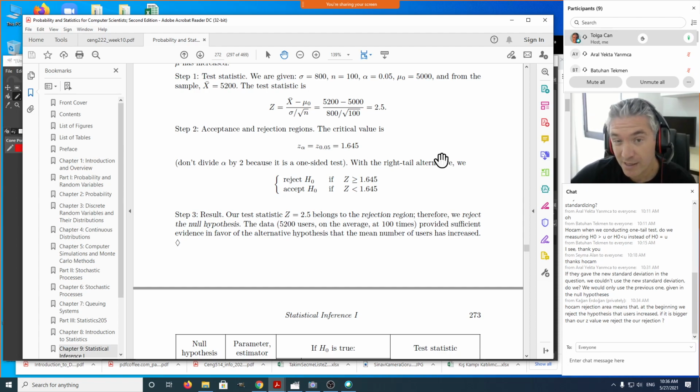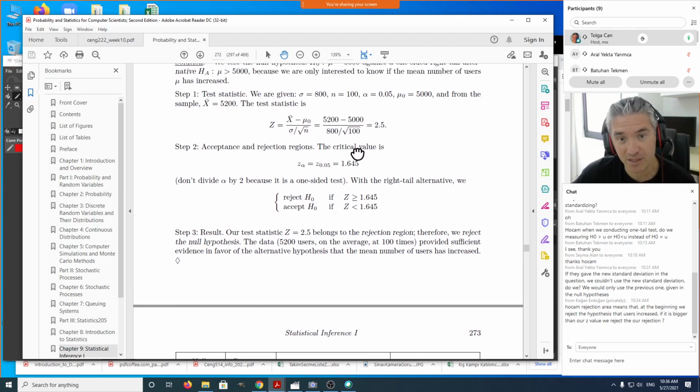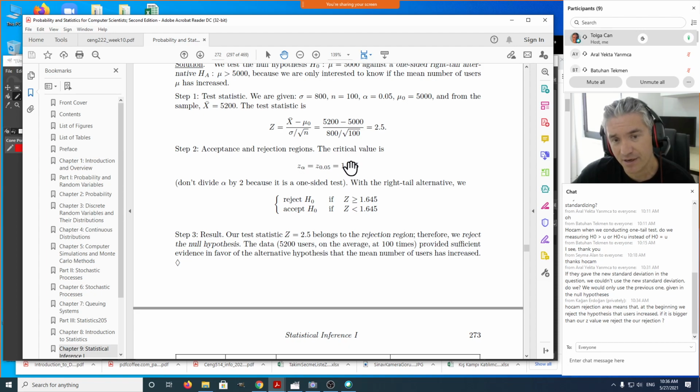If it's a two-tailed test, for example, this was a one-tailed test. Therefore, when we get a z-value larger than that, we reject. But if it's a two-tailed test, either the computed z-value may be too small or too large, then we will reject our null hypothesis. So what you write is true.